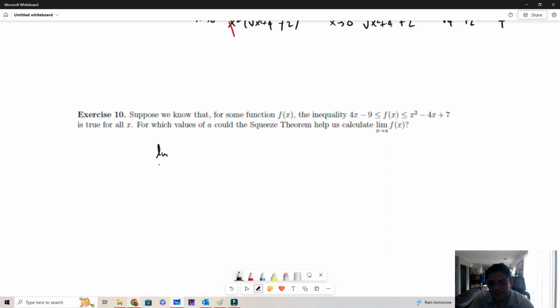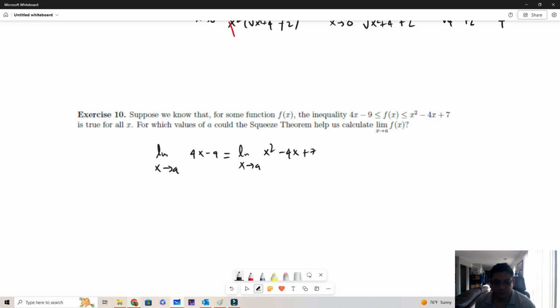The squeeze theorem tells me that the limit when x goes to a of 4x minus 9 should be equal to the limit when x goes to a of x squared minus 4x plus 7, right? So I need to find out what are those points where that happens.